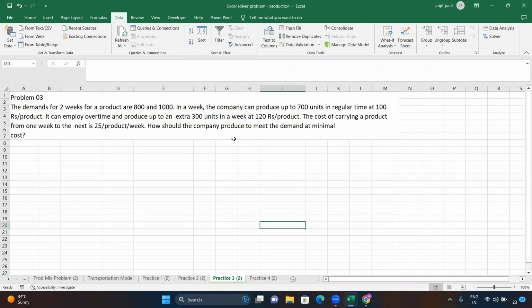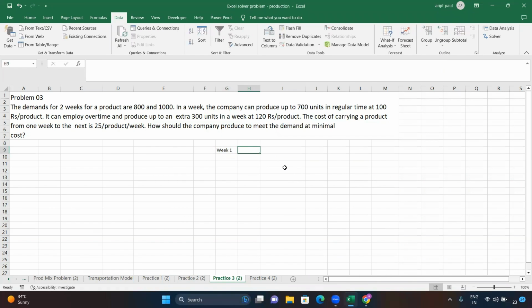Okay, so let me read out the problem statement. The demands for 2 weeks for a product are 800 and 1000 pieces. So let's assume that we have only one product, and the demand for week 1 is 800 pieces and the demand for week 2 is 1000 pieces. So let me write it down.